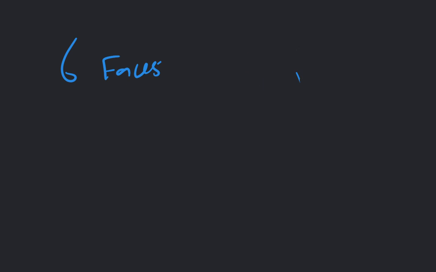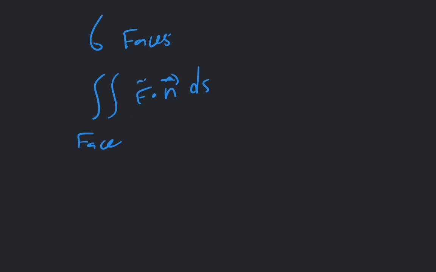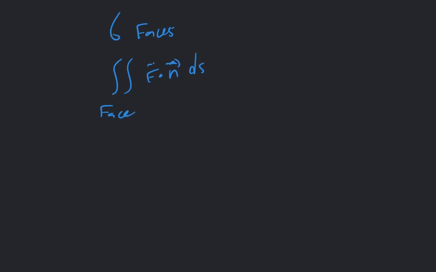So what we would do is the flux through each face. So integrate over the face F dot n, or rather n dS. So let's start with the left face.